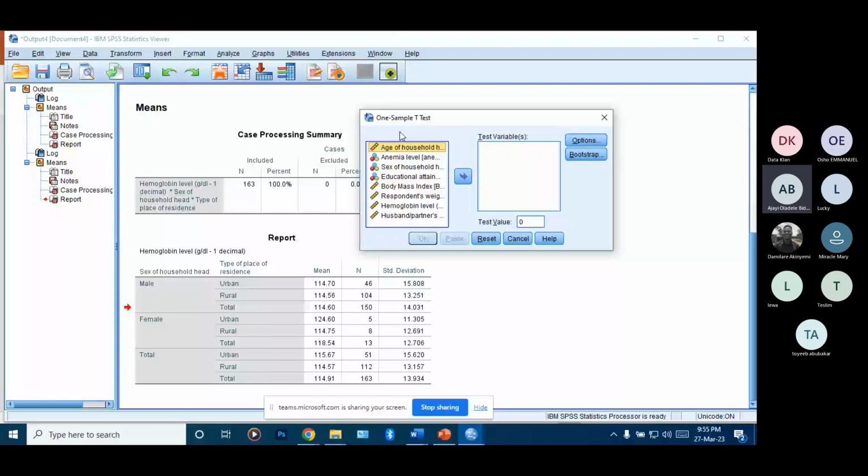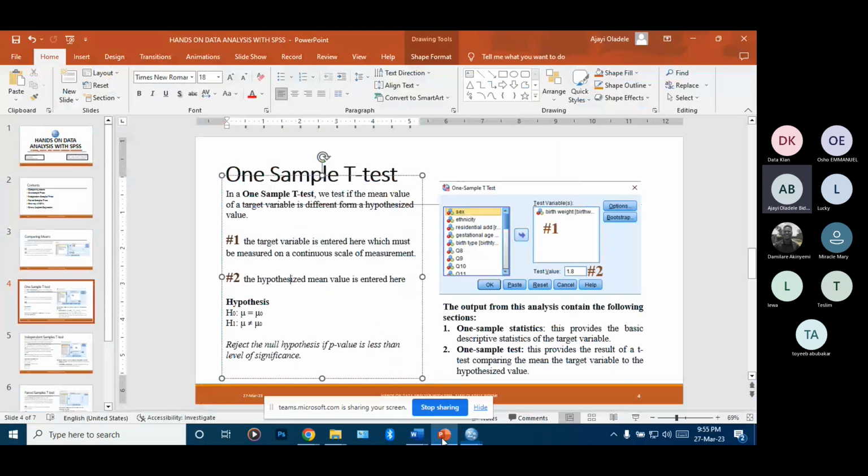Remember, your null hypothesis is that the mean you are comparing is equal to the hypothesized mean, versus your H1, that the mean is different. Now, let's come back to our SPSS.